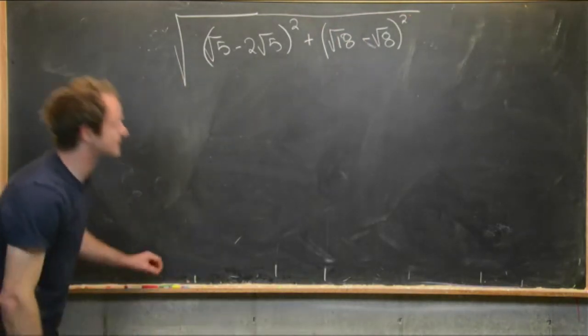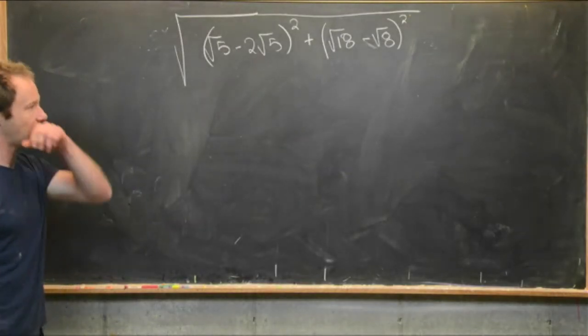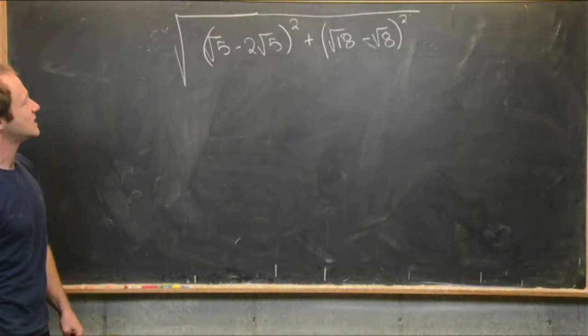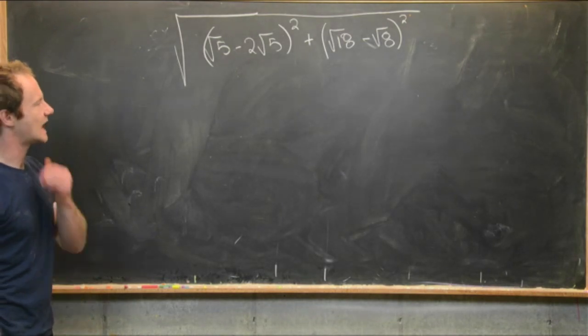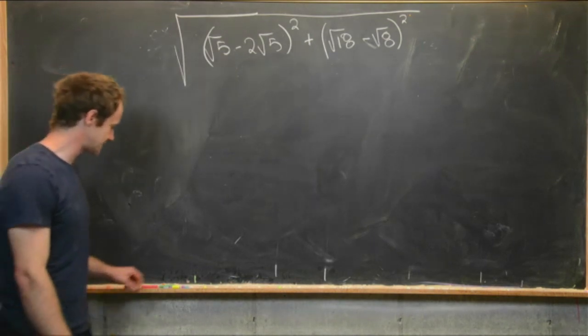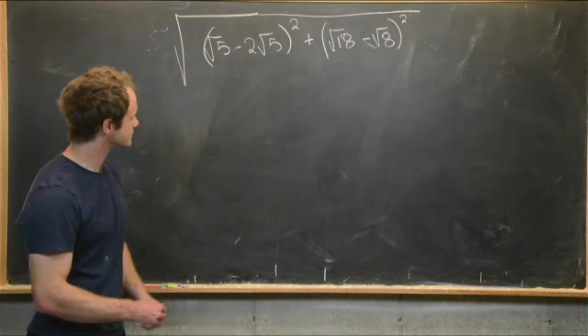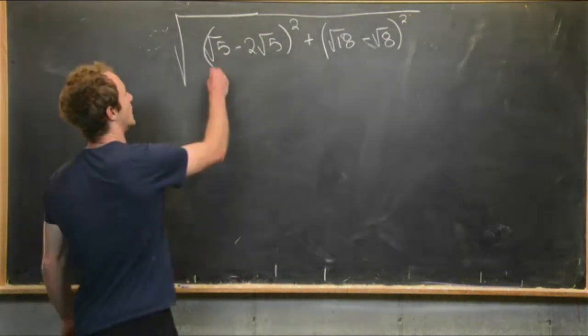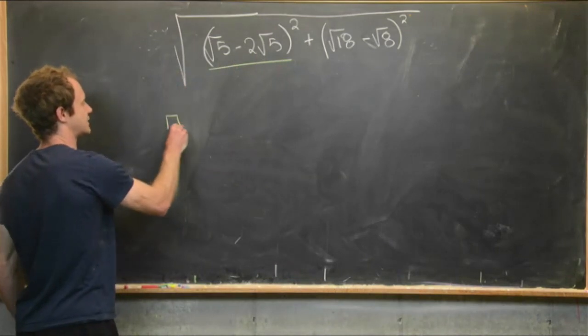So we're going to get something like this. Okay, and then to get an idea for how to simplify this, let's do this just one thing at a time. So let's take this green underlined thing first and simplify that.